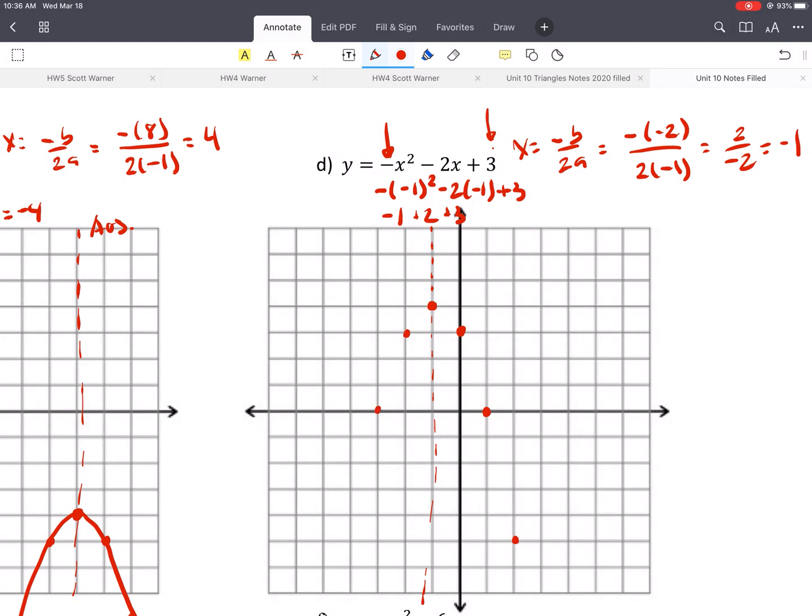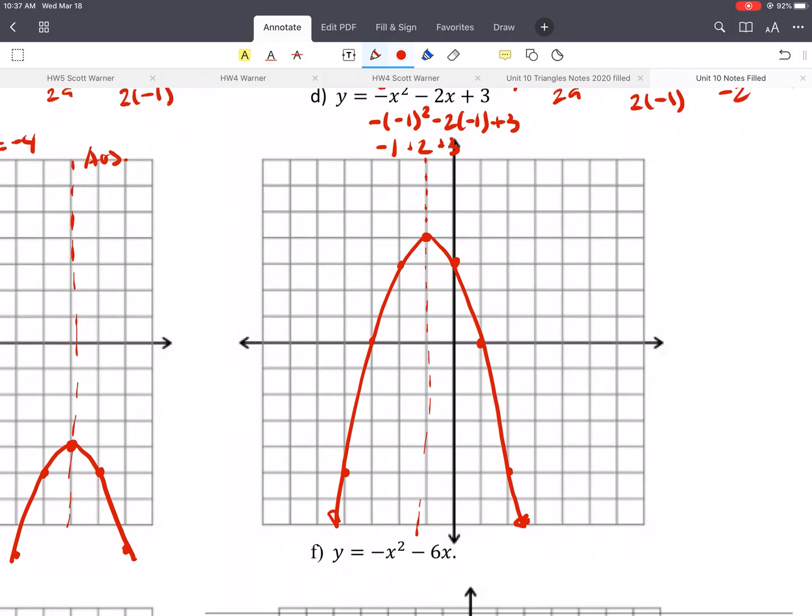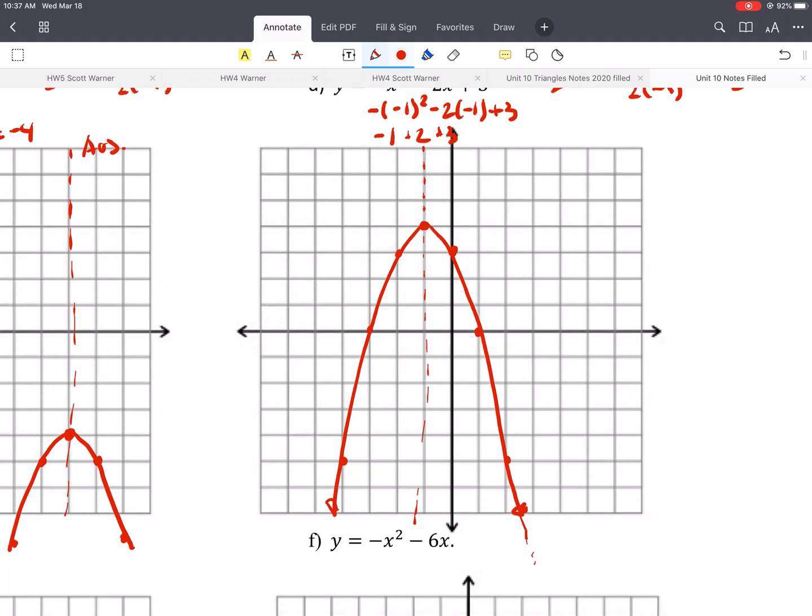It's good practice to continue putting points until you're out of your graph. Because the quadratic continues, for this situation, it keeps going to negative infinity. Okay?